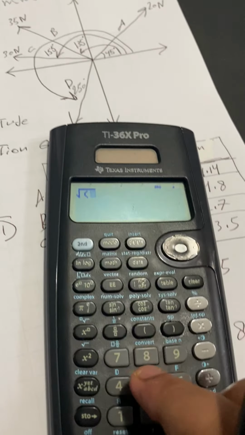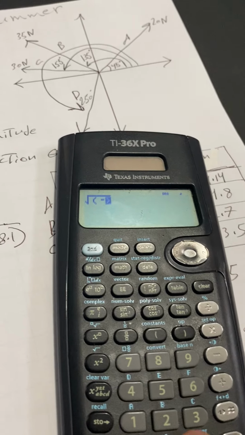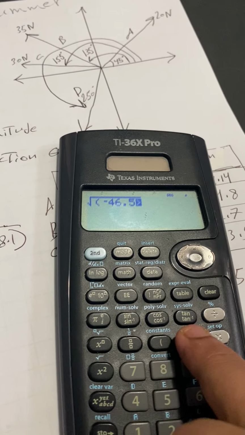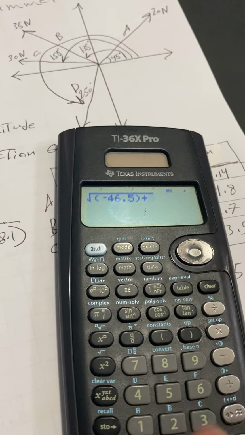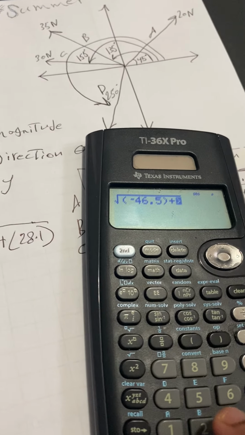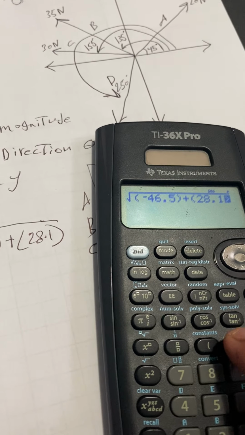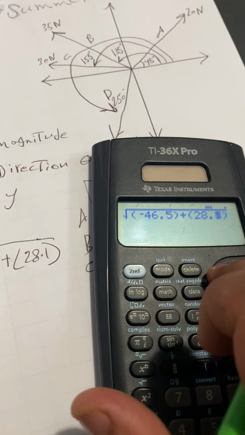So we put negative 46.5, close the parentheses, plus 28.1. Oh, I forgot to put the square.